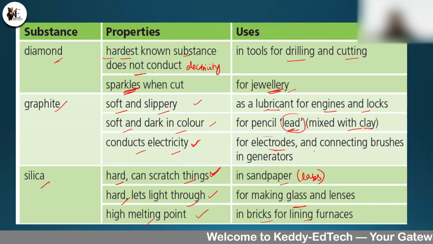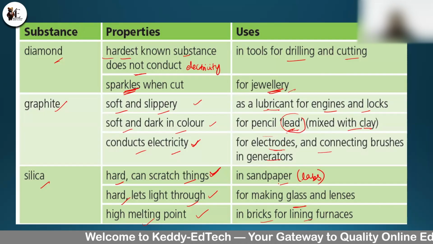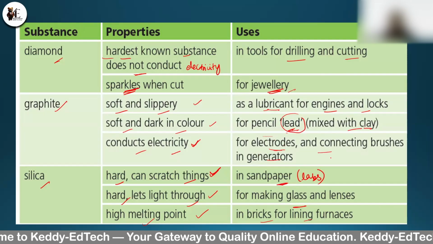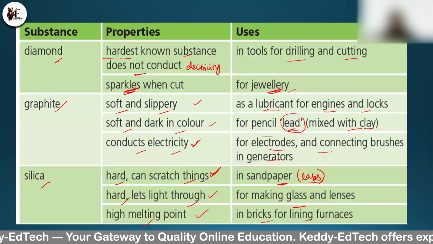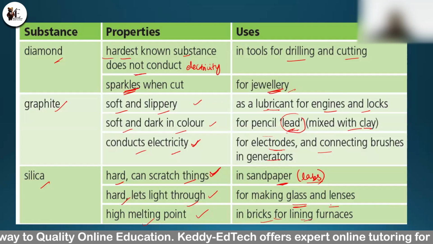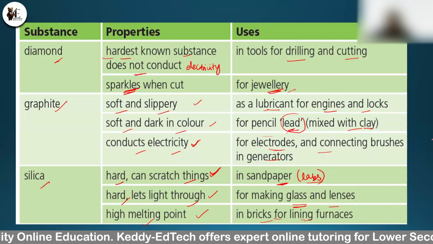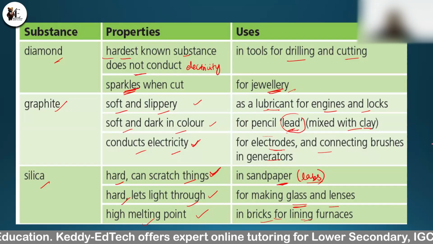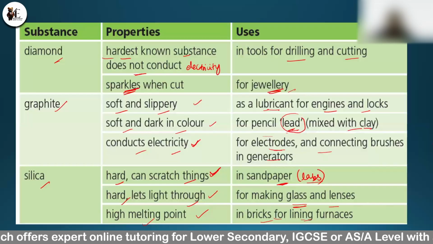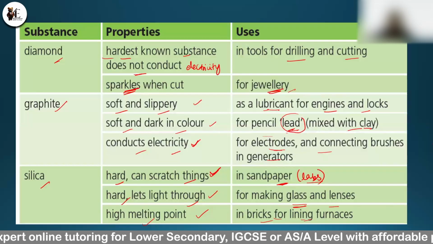It is used for electrodes and connecting brushes in generators. Silica is used in sandpaper, and for making glass and lenses, and in bricks for lining furnaces. So these are some properties and some uses of your GIANT covalent structures, that is diamond, graphite, and silica. Is it clear?